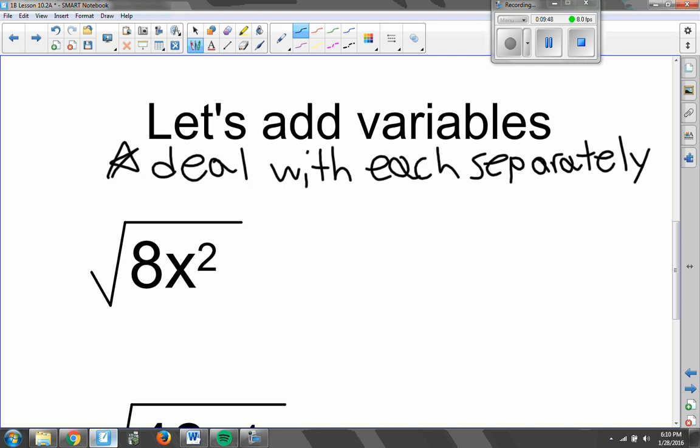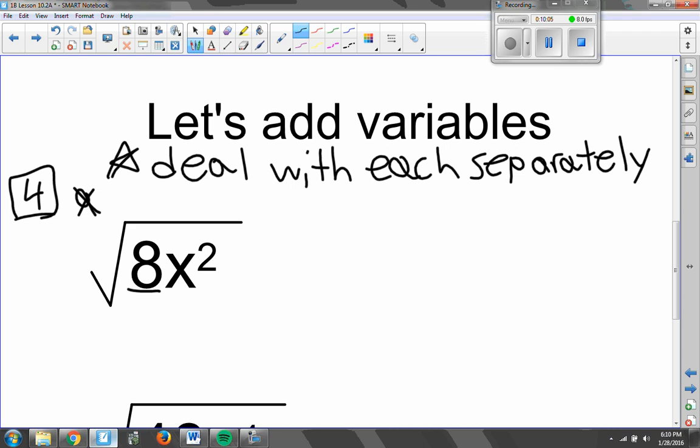I will start with the number. Under my square root I have an 8. I need to find a perfect square number that goes in there. The first one is nice, it's 4. I know that goes in there and already at 9 I'm too high, so it must be 4.